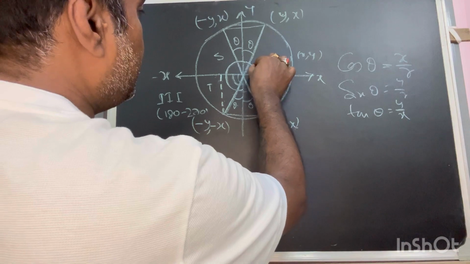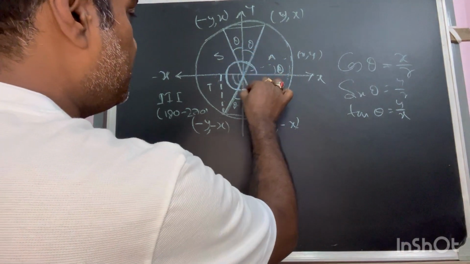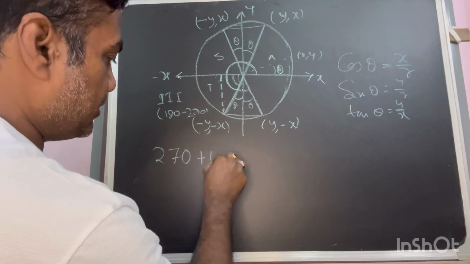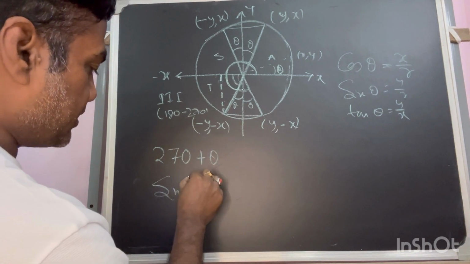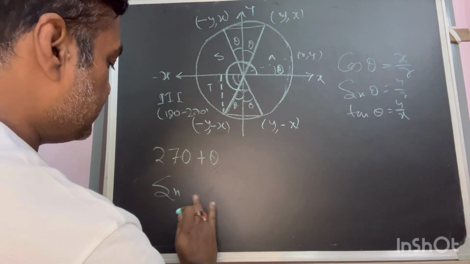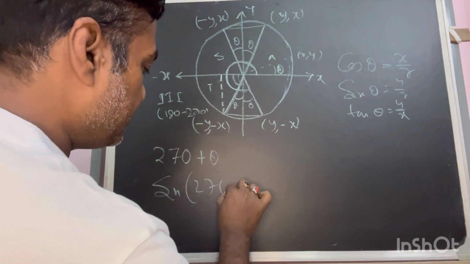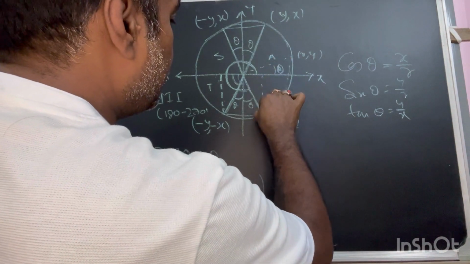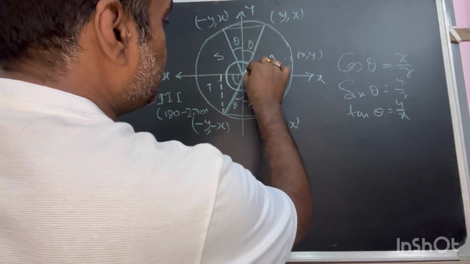Okay. Now moving to the last one, that is this part. So this part I will get, this is 270 plus theta. Angle is 270 plus theta. So now let's see sine of 270 plus theta. What is that? Now the triangle I will get this one. So this position, this angle.